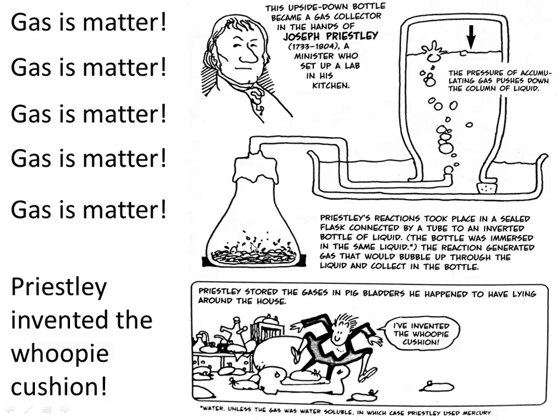He hypothesized that the reaction released gas, so he connected that flask to the tube to collect the gas. And he found that when it produced gas, the gas produced pressure and bubbles, and the level of the liquid went down.